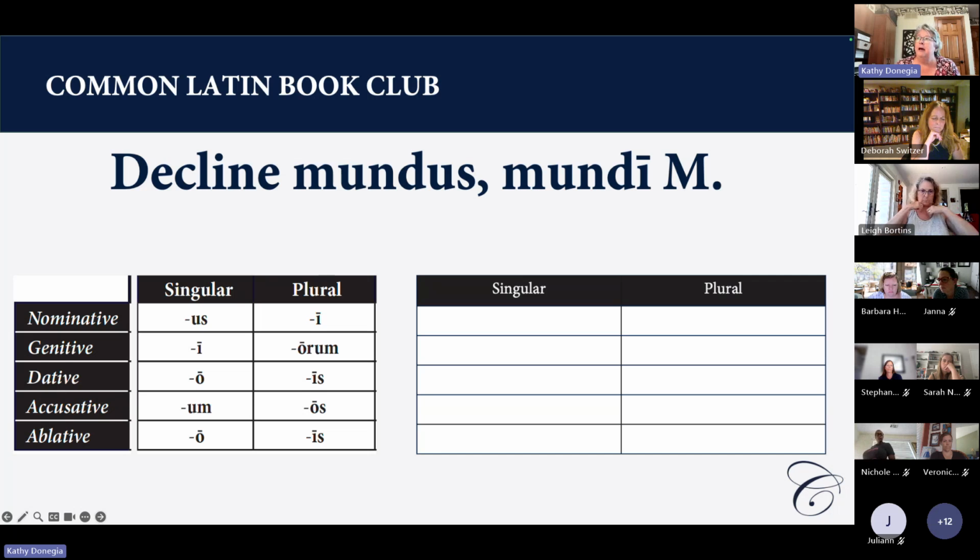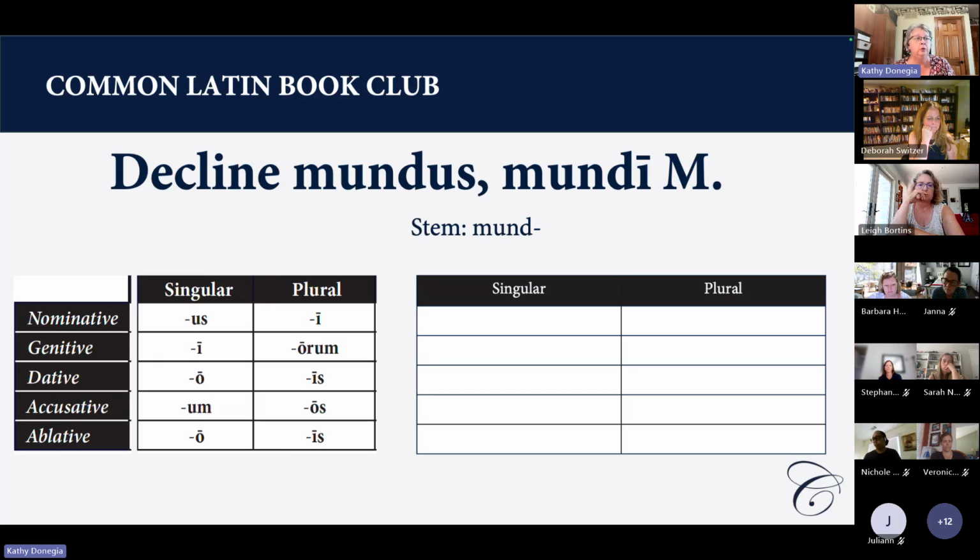And so if you drop that from the genitive, now when it says mundus, mundi, we've learned in a previous lesson that mundus is the nominative, mundi is the genitive. So how would you spell the stem of mundus once you drop the I? Just M-U-N-D. Yeah, M-U-N-D. So that's our stem.